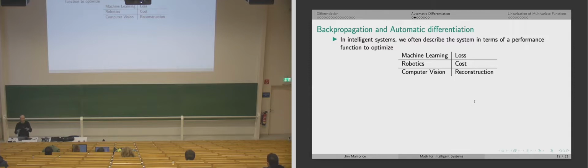Then you're trying to find some kind of behavior, some kind of trajectory or policy that minimizes the cost of your actions. And in computer vision, you usually have some kind of reconstruction objective that you're trying to optimize. So yeah, optimization is at the heart of all the intelligent systems. And for that, they need to compute gradients.